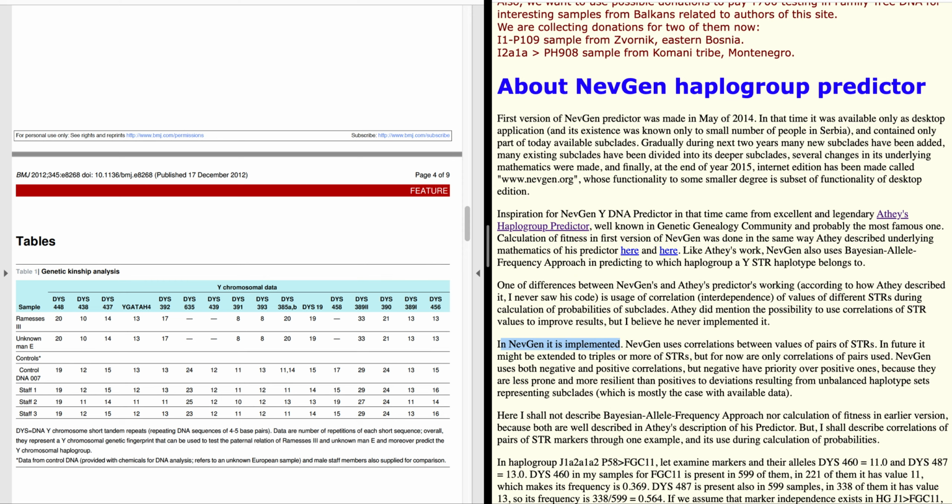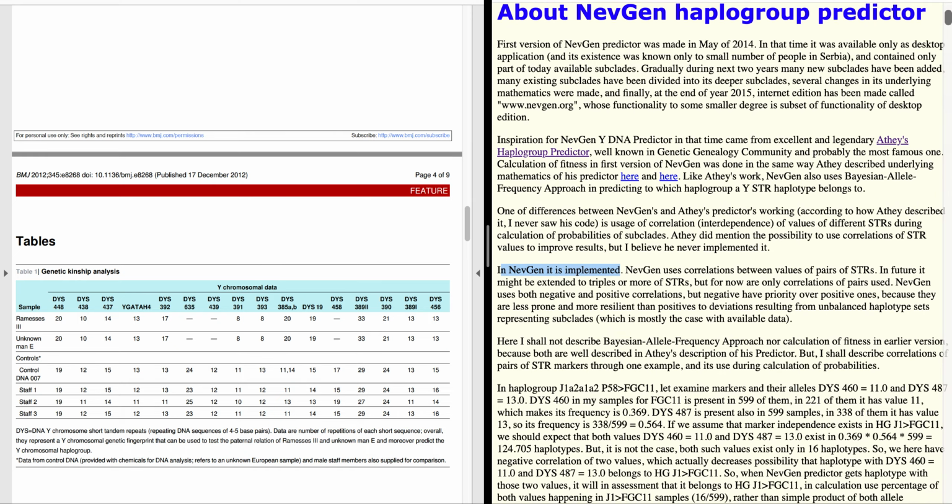NevGen uses correlations between values of pairs of STRs. In future it might be extended to triples or more, but for now only correlations of pairs are used. NevGen uses both negative and positive correlations, but negative have priority over positive ones because they are less prone to and more resilient than positives to deviations resulting from unbalanced haplotype sets representing subclades, which is mostly the case with available data.